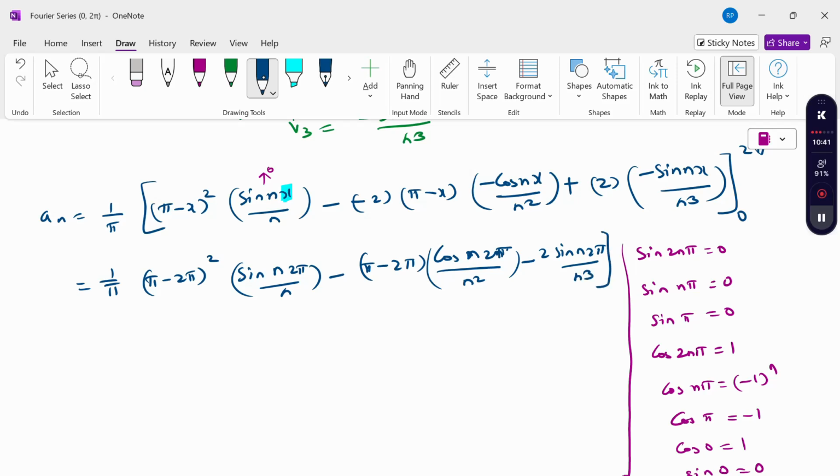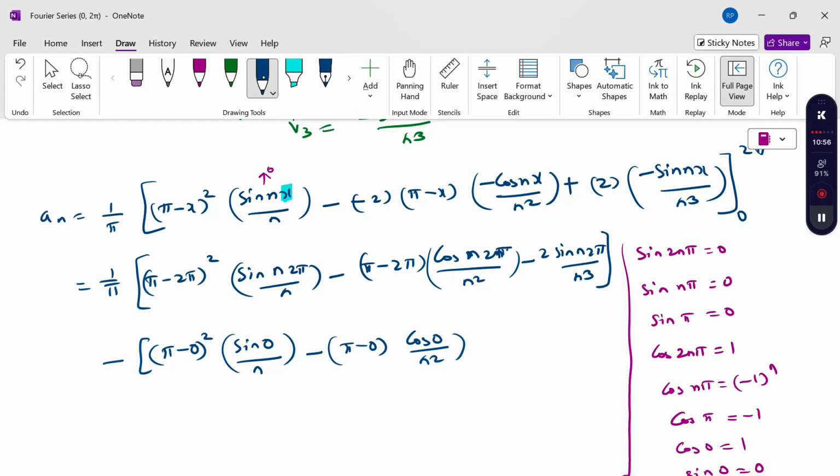So this is the upper limit, minus the lower limit: pi minus 0 square sin 0 by n, then minus minus plus plus minus minus, therefore pi minus 0 cos 0 by n square, then minus 2 sin 0 by n cube.